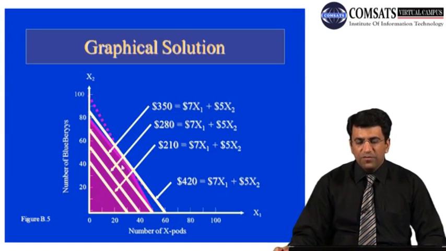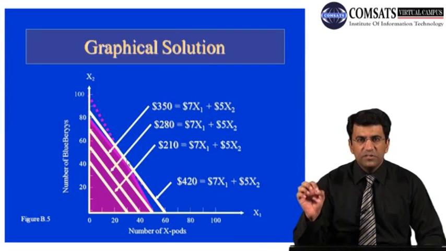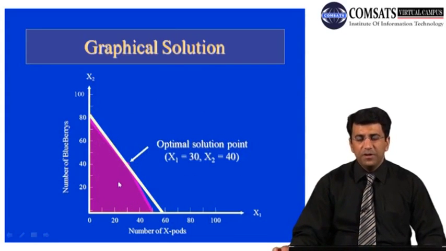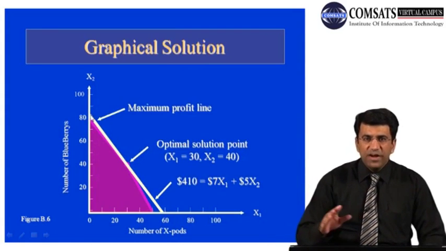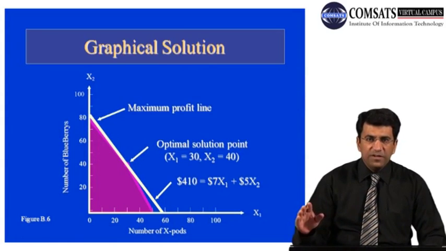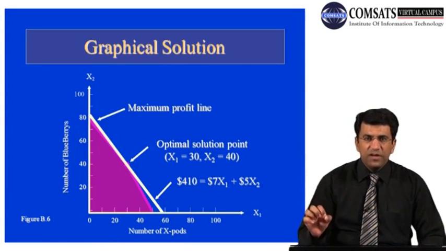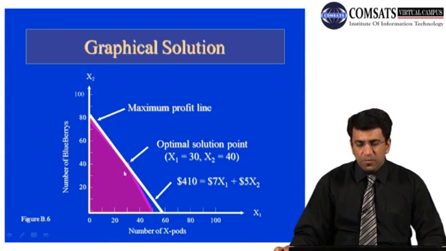This is the point where the last profit line is meeting the last limit of the feasible region. This is the optimal point. How is this the optimal point? When we move the profit line away, the last point where this profit line touches the last peak of the feasible region will be the optimal point. If we compare with the graph's x-axis and y-axis, the value on the x-axis at this point is 30 and the value on the y-axis is 40.